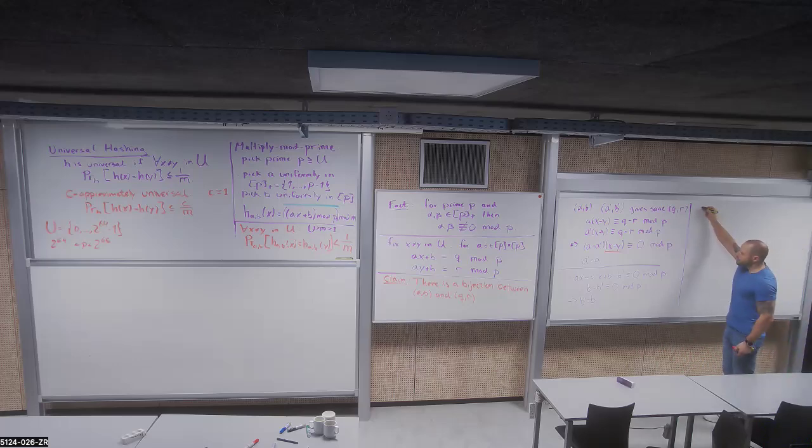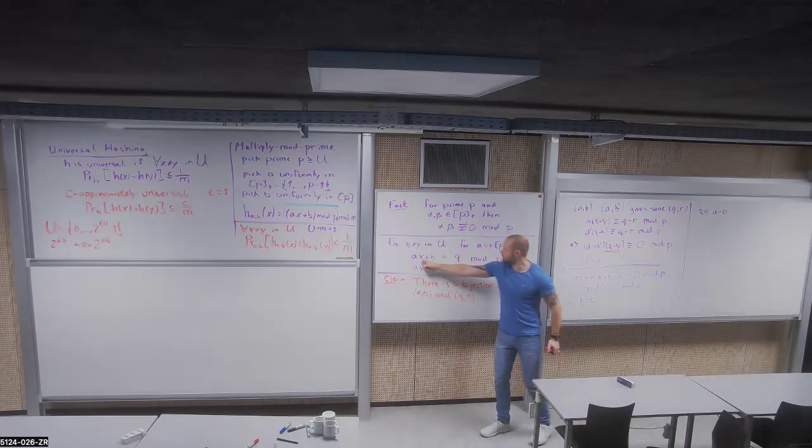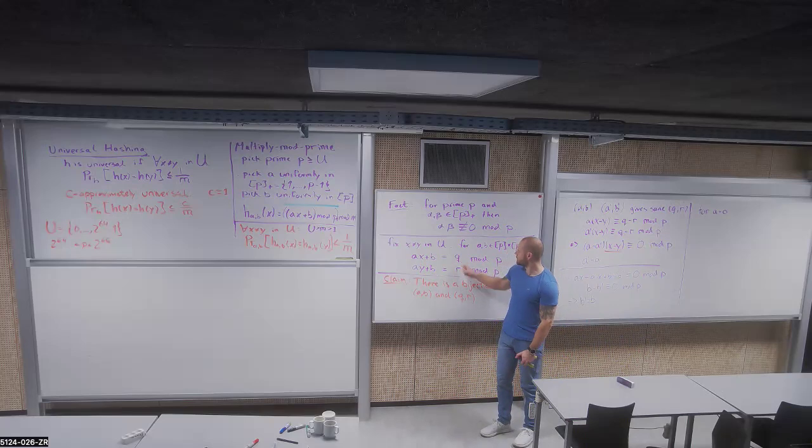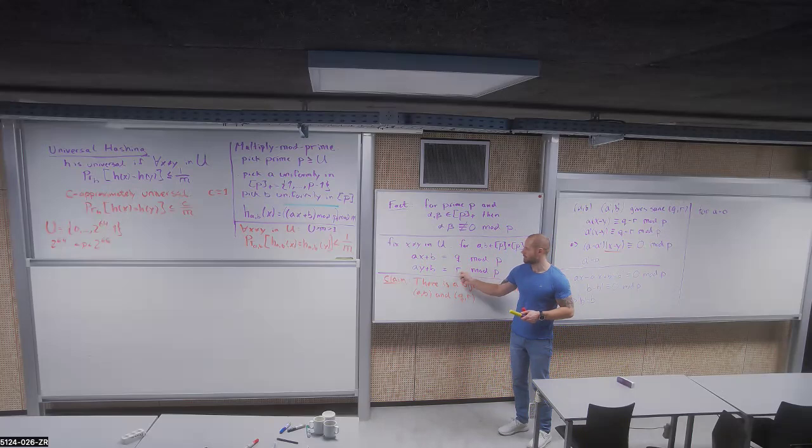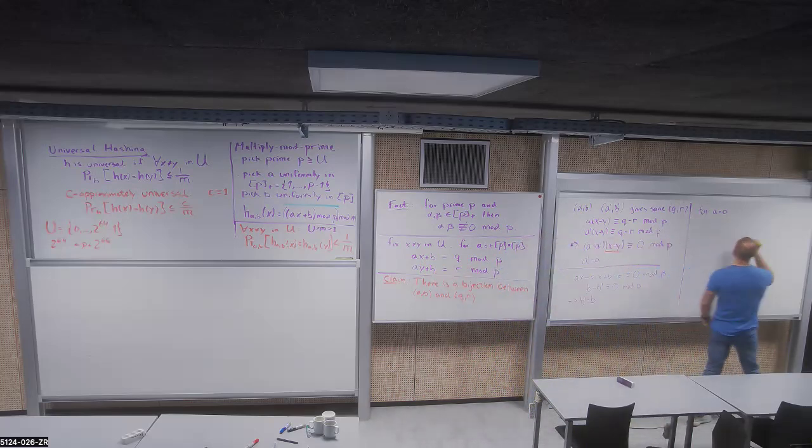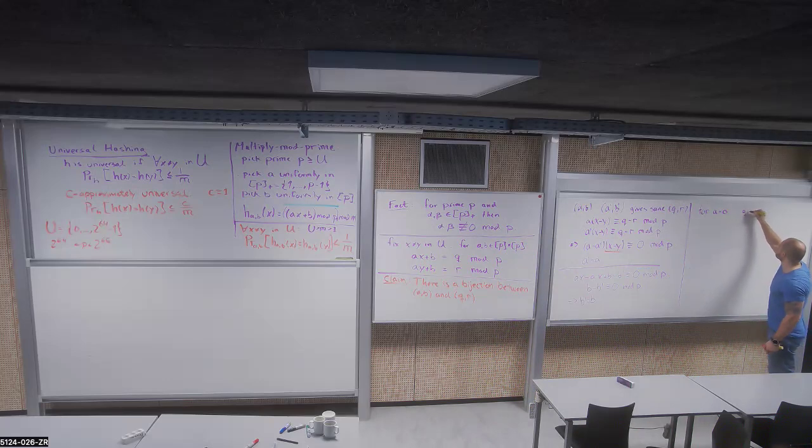Let's look at what happens when A is 0. What will we get? When A is 0, we get that Q becomes equal to R. A equals 0 gives Q equal to R.